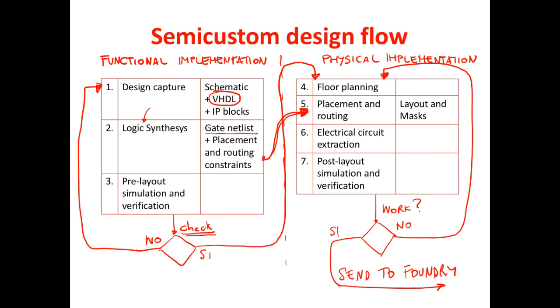Then we need to do the second step, which is the placement and the routing. So with the placement, we decide the exact position of each gate on the basis of the constraints that are given by this step. And we also, on the basis of the same constraints, perform the routing.